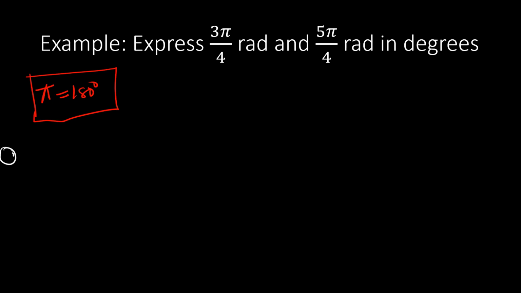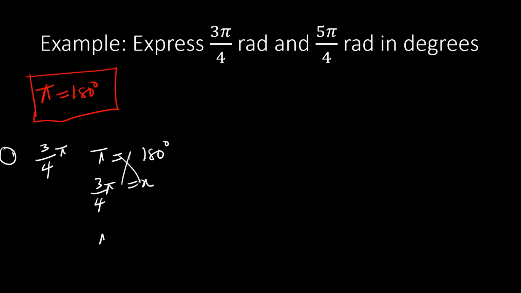So let's do the first one, which is 3 over 4 pi. If pi equals 180 degrees, then 3 over 4 pi equals x. The same way we cross multiply, multiplying 3 over 4 pi by 180 and x by pi.